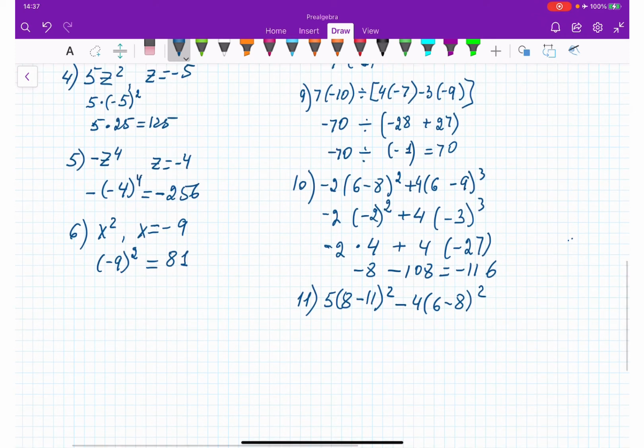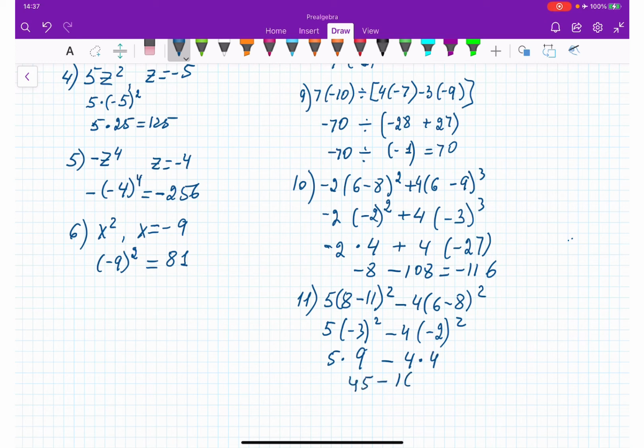Okay, so 5 times 8 minus 11 is negative 3 squared, minus 4 times 6 minus 8 is negative 2 squared. So we get 5 times negative 3 squared is 9, minus 4 times, this is going to be 4, 45 minus 16, and it's going to be 29.